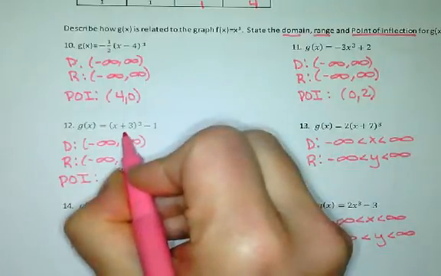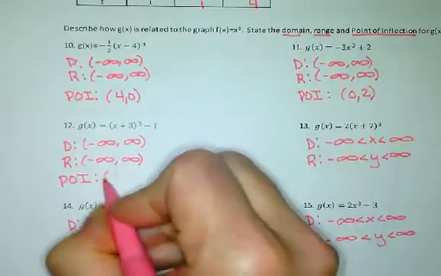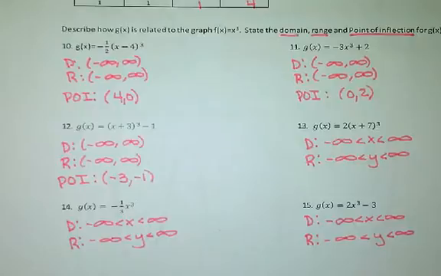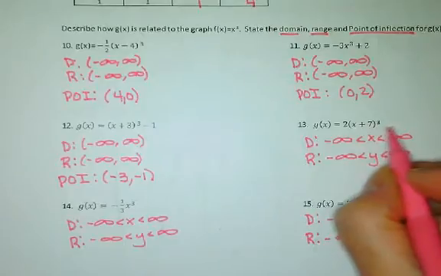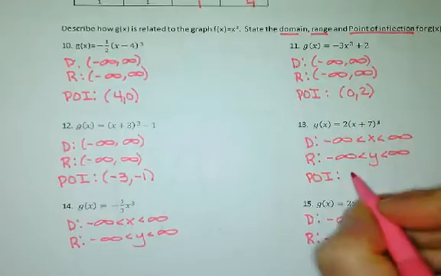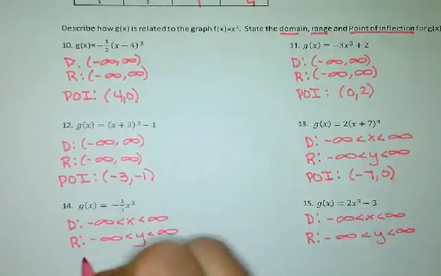Down here, again, my point of inflection, it was moved 3 to the left and 1 down. This one here, my point of inflection was moved 7 to the left, and it didn't go anywhere else because there's nothing here. So my point of inflection here is going to be -7, 0.